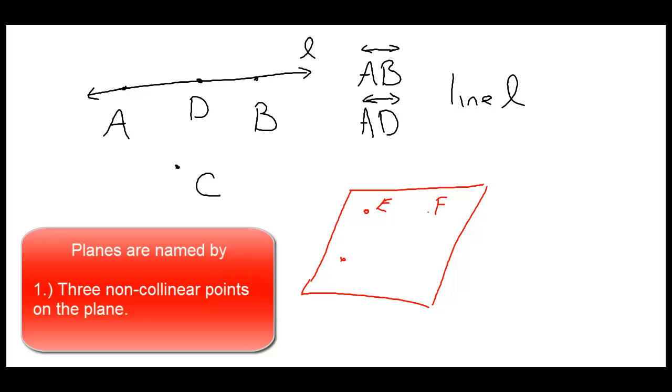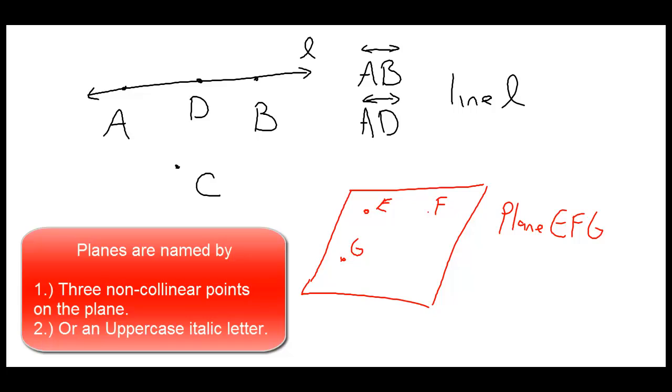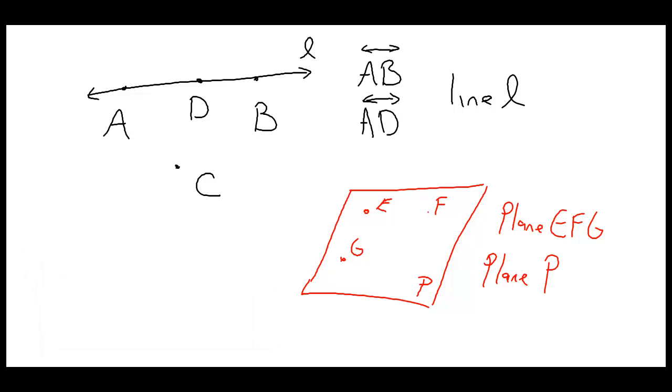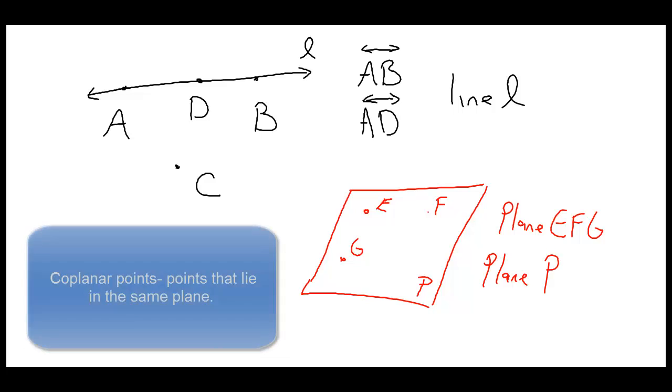So I could, for example, call this plane EFG. A second way to name a plane is to use an uppercase italicized letter, which will commonly be in the corner of the plane. For example, I could call this plane P. Another term you may hear is coplanar. When they refer to the word coplanar, they're talking about points that are on the same plane.